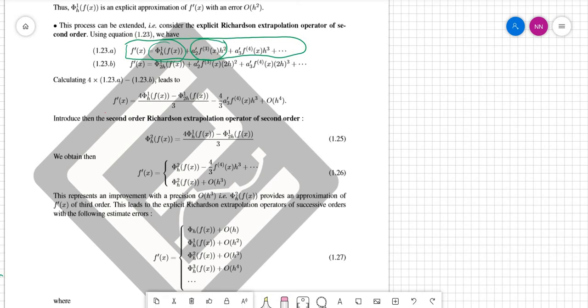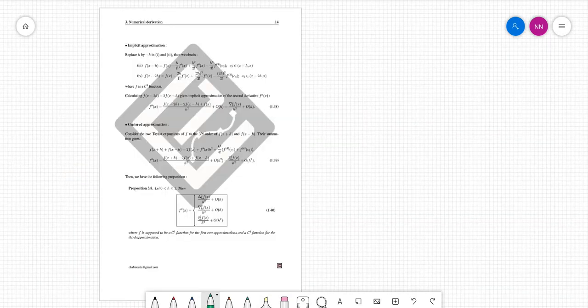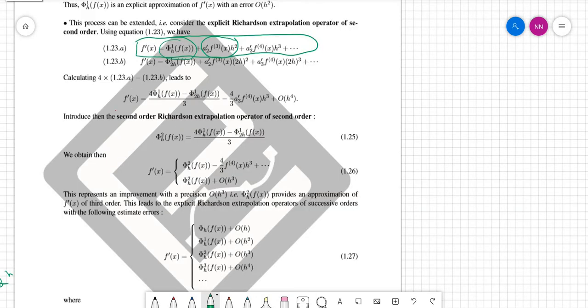Okay, so if we do so, we can calculate f prime with the first order extrapolation, and then another f prime with a first order extrapolation, but instead of h we have 2h. What does this mean?